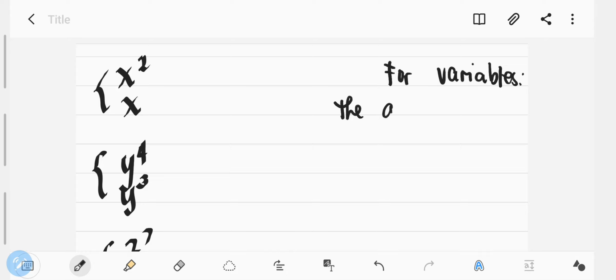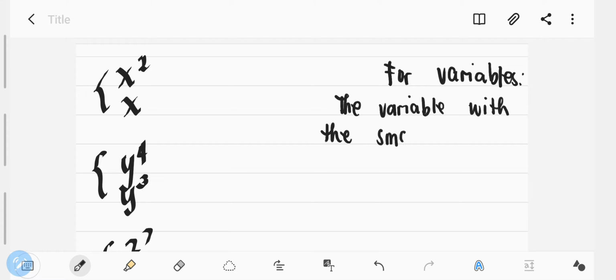Wait lang, sorry. Ulitin natin. So, the variable with the smallest or least exponent is the GCF.